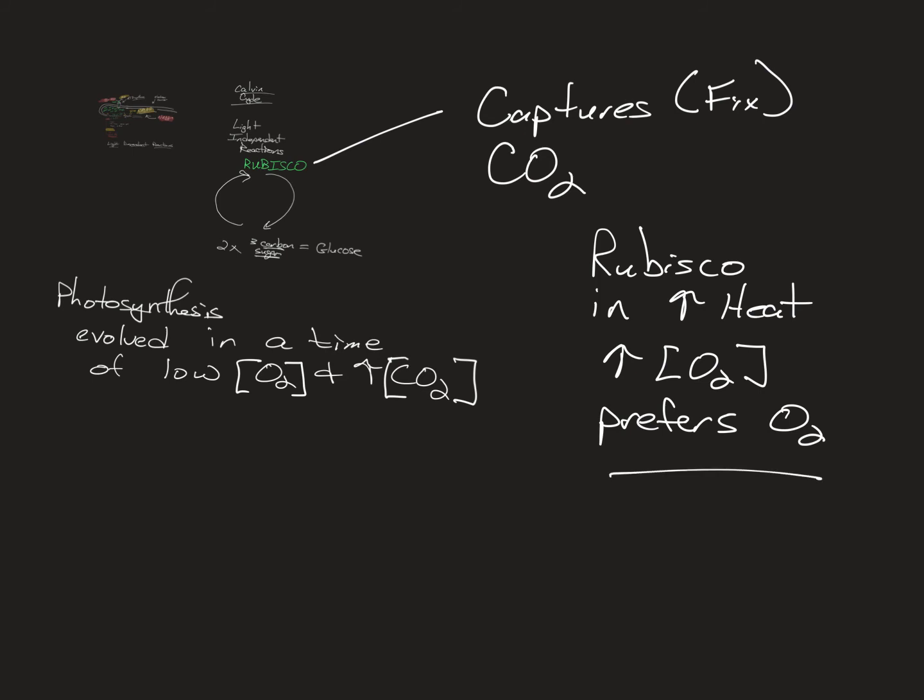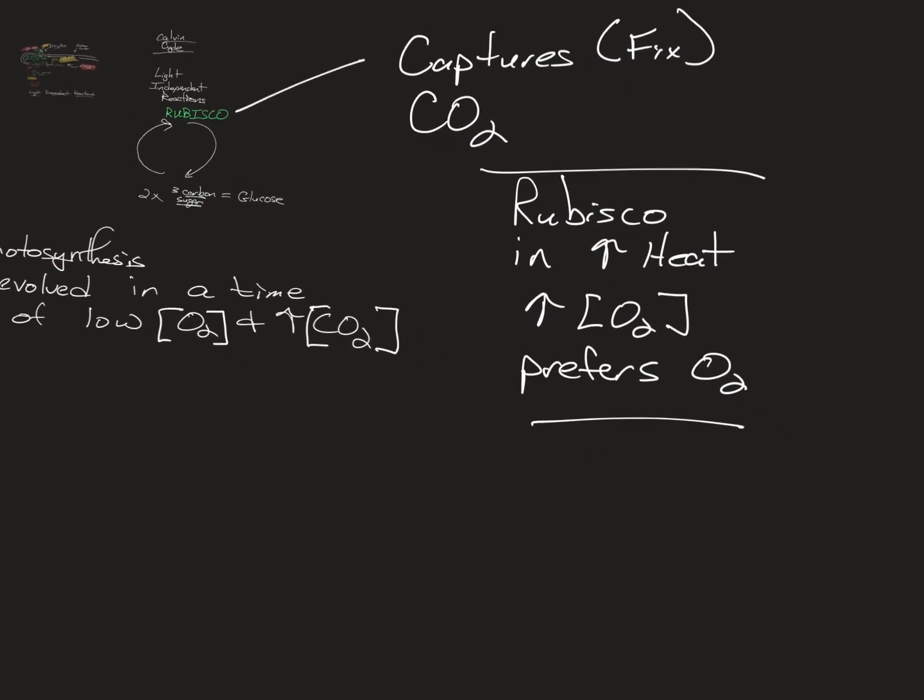Rubisco will capture oxygen instead of CO2 when it's really hot or when there's a lot of oxygen. It just prefers oxygen. Rubisco's pretty good at capturing CO2 when there's low oxygen and temperatures are not extremely hot.